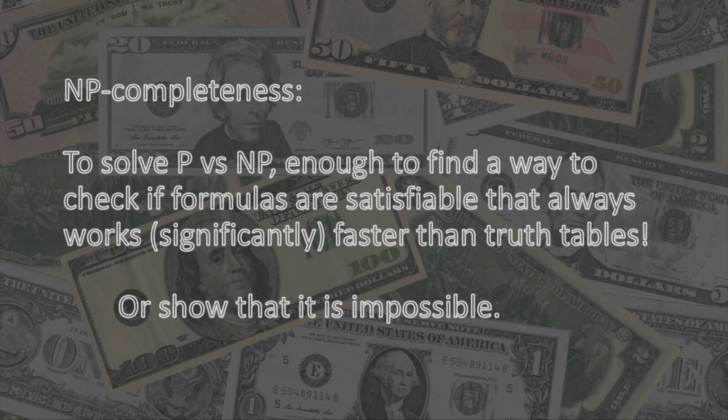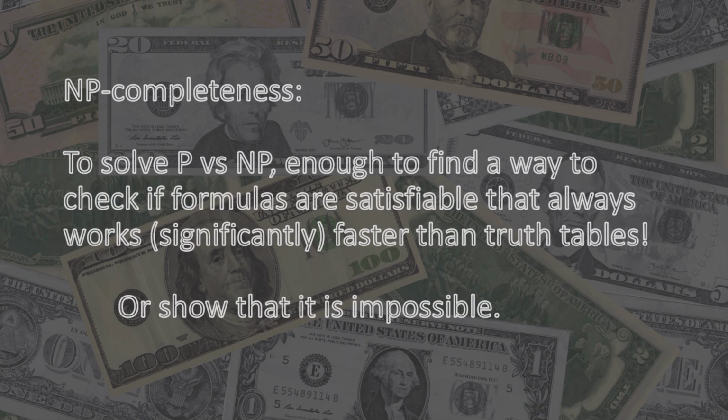And moreover, such a formula will be satisfiable when you have a correct solution. So you could disguise any problem of the form, I have a solution I can easily check, can I find it, as a satisfiability problem.